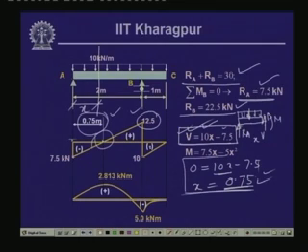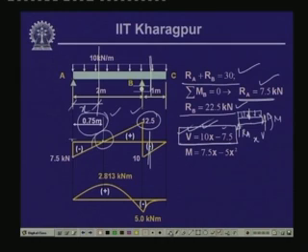Now, if you look into a section beyond this reaction, what is the value of the shear force we get? The free body diagram is something like this: we have R A here, we have R B here, and we have the uniformly distributed load.